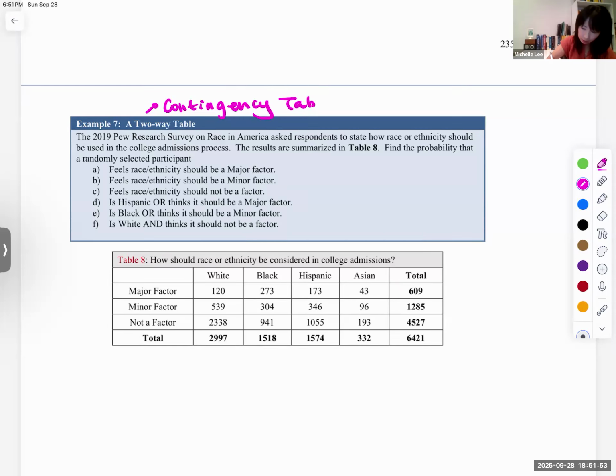Contingency table. Okay. So let's answer the first one. Field race, ethnicity should be major factor. Okay, so we have two variables, right? So ethnicity and then major the factor, right? So factor.